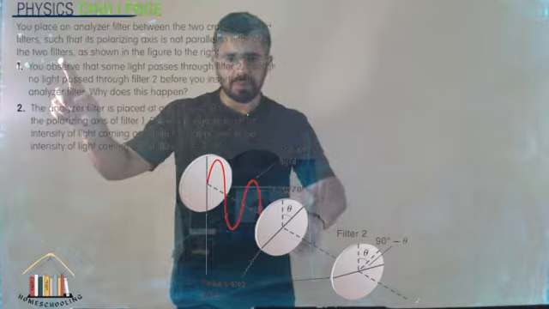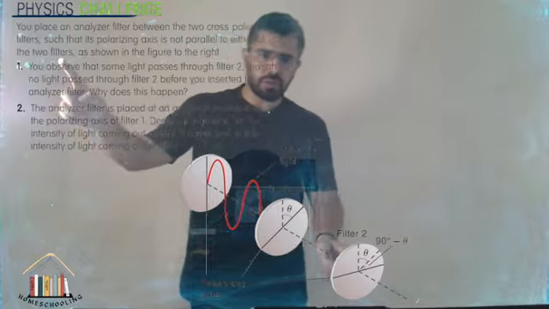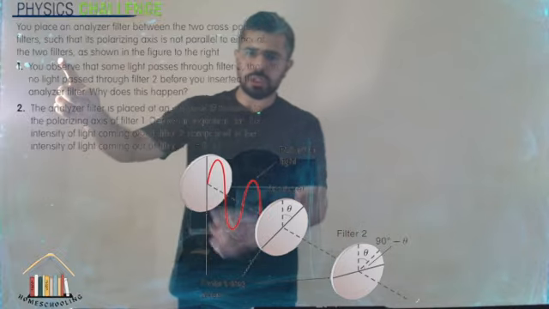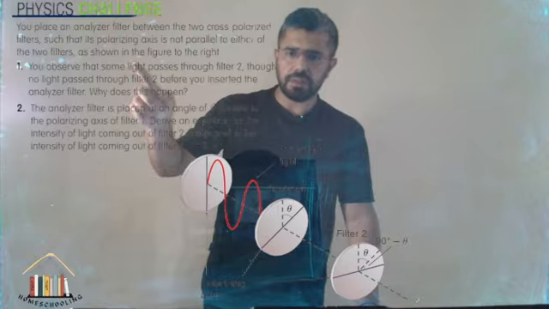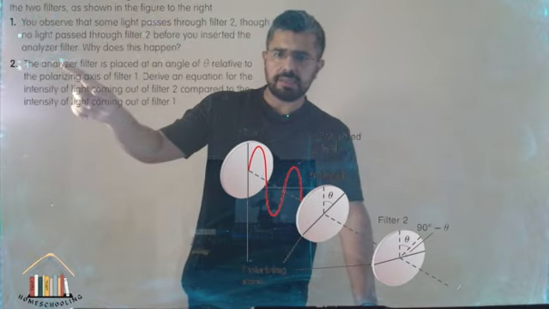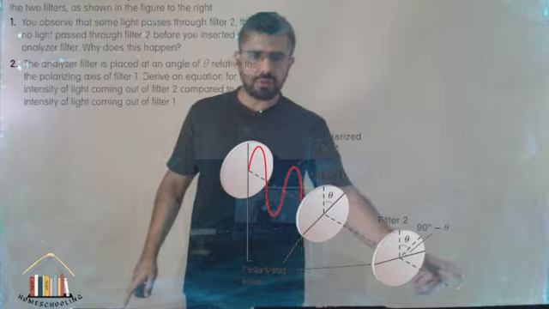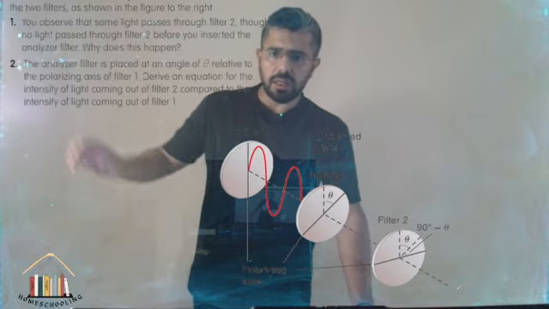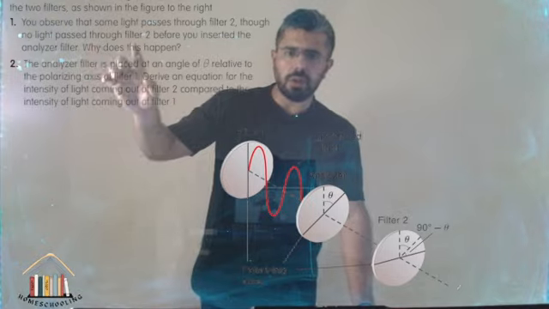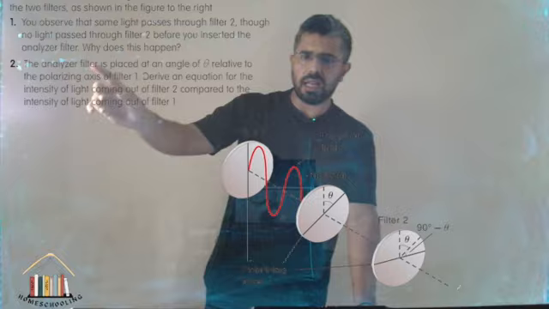This is the analyzer in between. The first and the third are perpendicular to each other, as shown in the figure on the right. You observe that some light passes through filter 2, though no light passed through filter 2 before you inserted the analyzer.